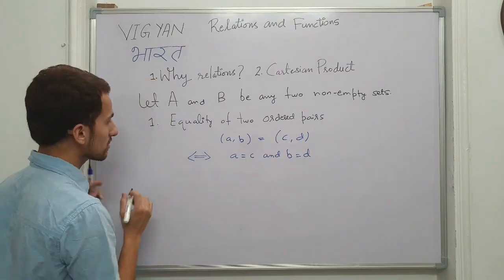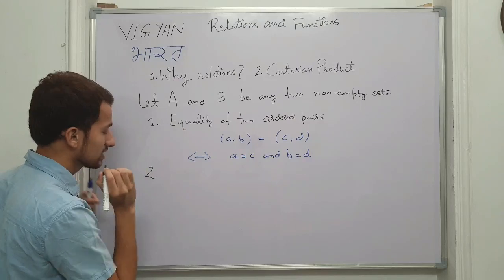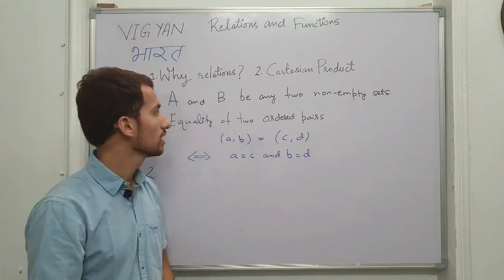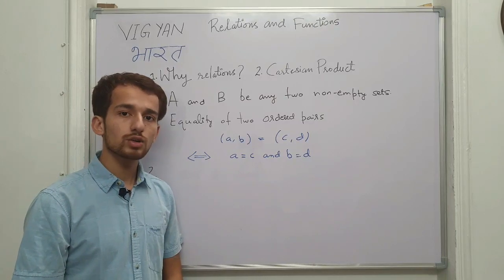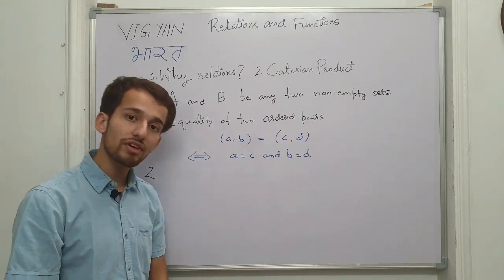Now the second special case which we want to discuss is when any one of the two sets A and B is infinite.